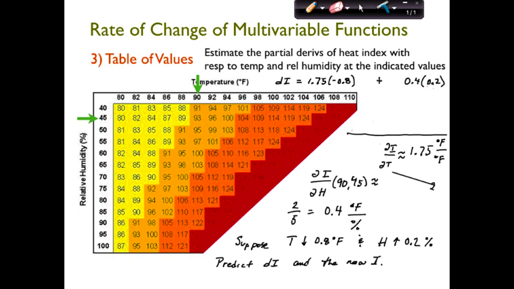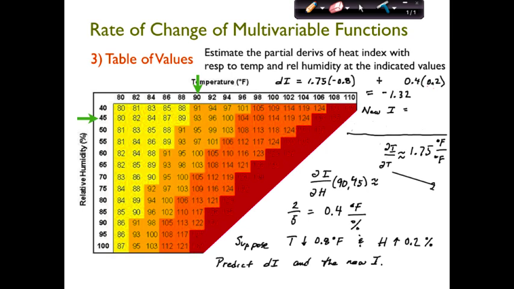And what do we get for that? Negative 1.32. What does that number mean? Yeah, it's the change in the total index, the change in the index due to those two changes in temperature and humidity. Good. All right. And so therefore, we predict the new I would be... So this should just make perfect sense. The new I is going to be what?